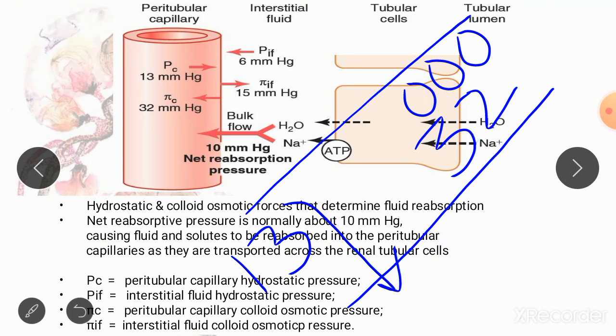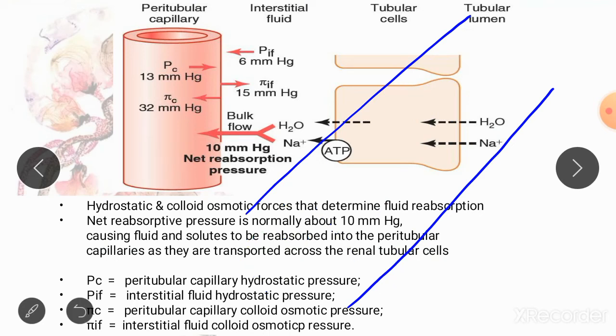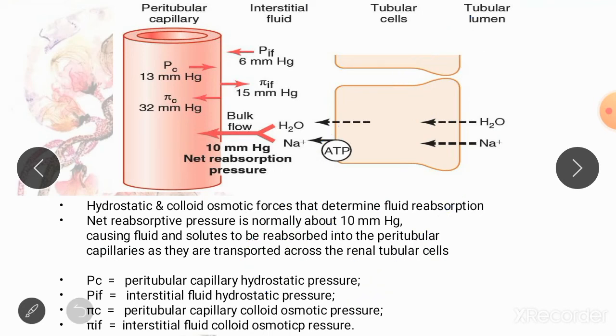I hope you understood this. I am not putting much emphasis on this because we have already discussed Starling forces in detail when we discussed the glomerular filtration. So here we have all of those Starling forces.